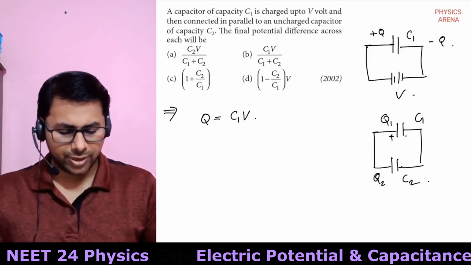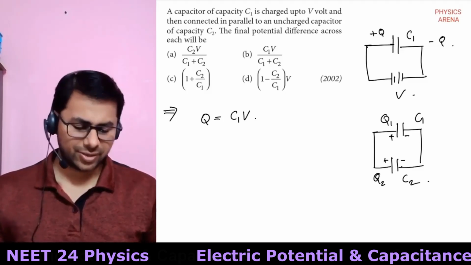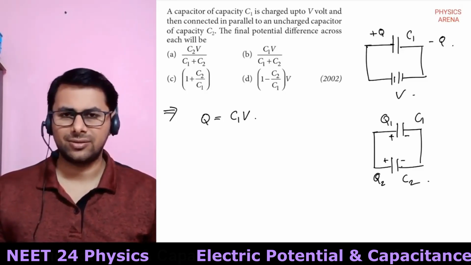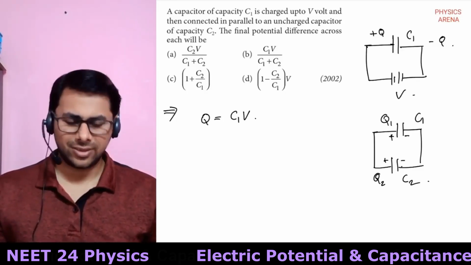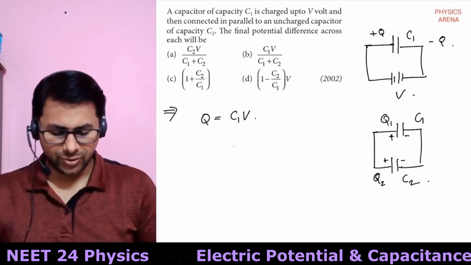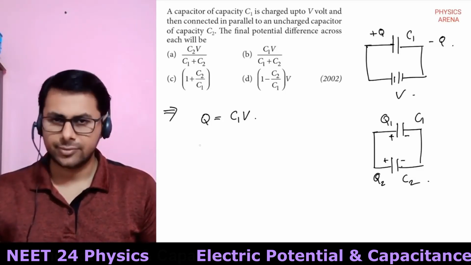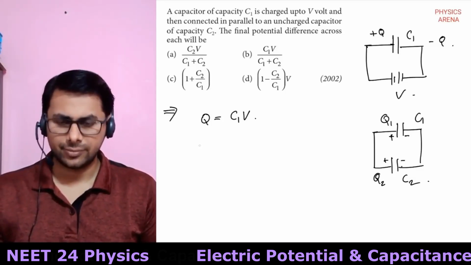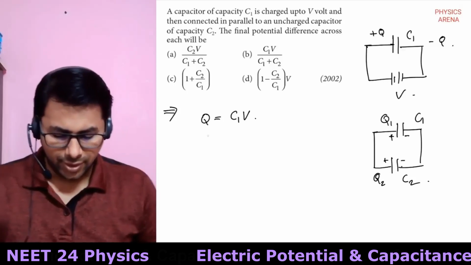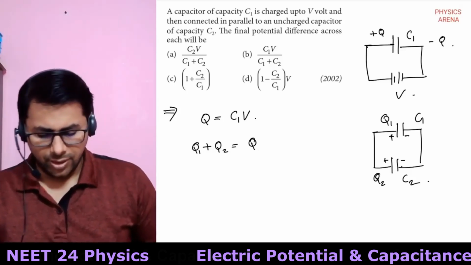But what can you say about the charge? We have discussed this. Total charge remains conserved. That is equal to Q, right? You can say Q1 plus Q2 is equal to Q. All right.